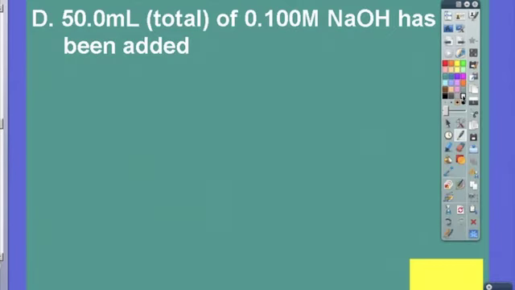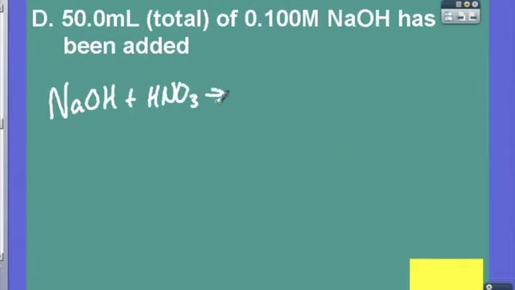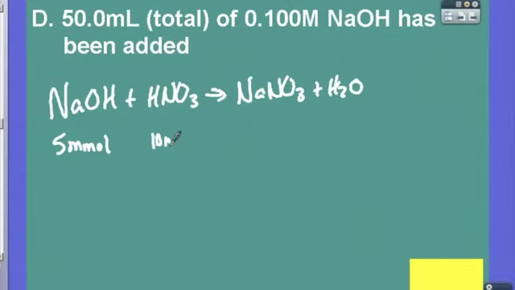Now we have 50 milliliters of sodium hydroxide added. So starting the problem over, just starting with 50 instead of 10 now. Same equation, water still doesn't matter. We have 5 millimoles of NaOH this time though. 10 millimoles from our 50 times 0.2 and 0.